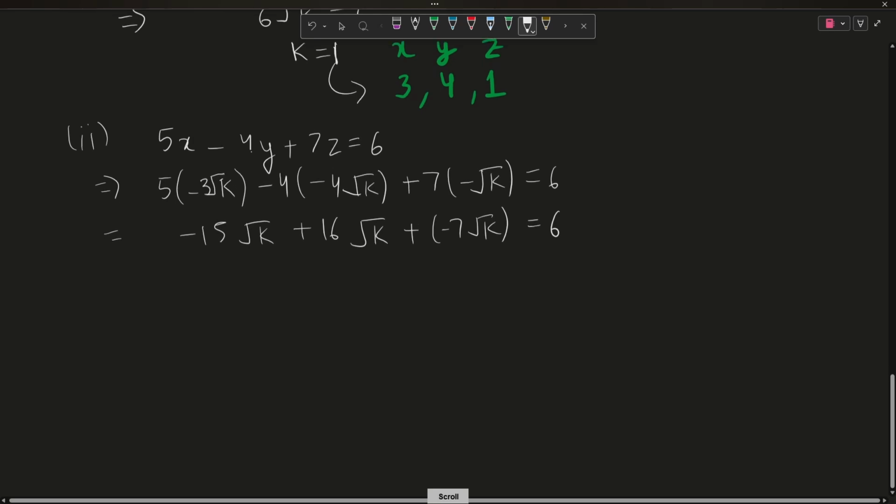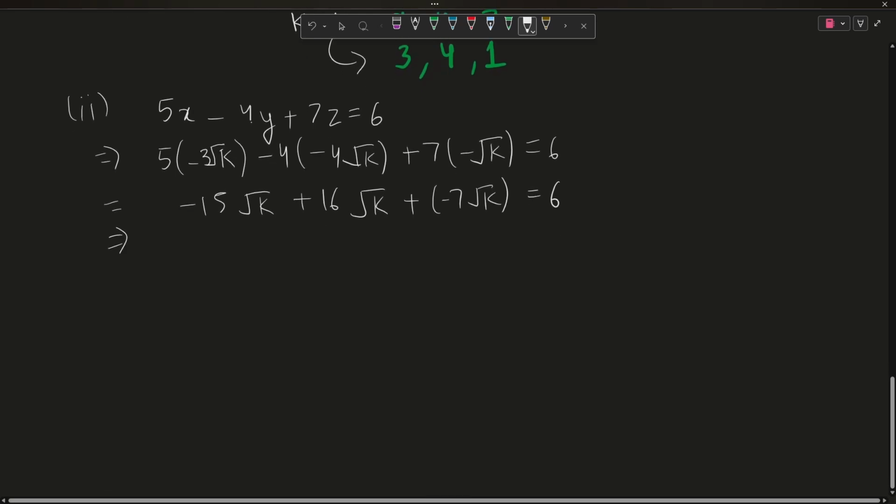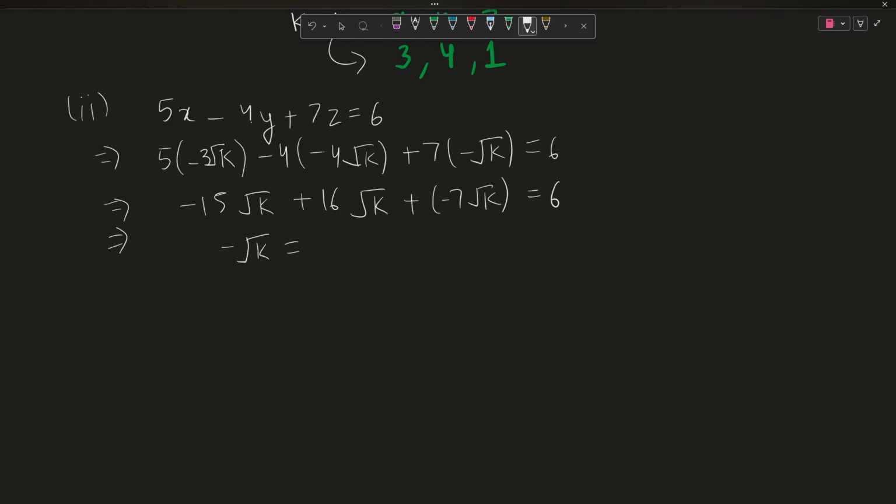The whole value becomes minus 6 root k is equal to 6, or root k is equal to minus 1, which is not possible, as the value of root k is always greater than or equal to 0, but the value on the right hand side comes as negative.